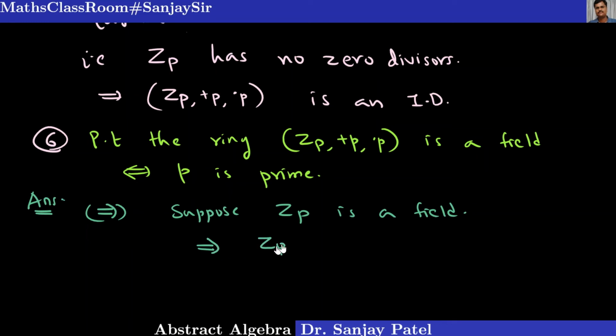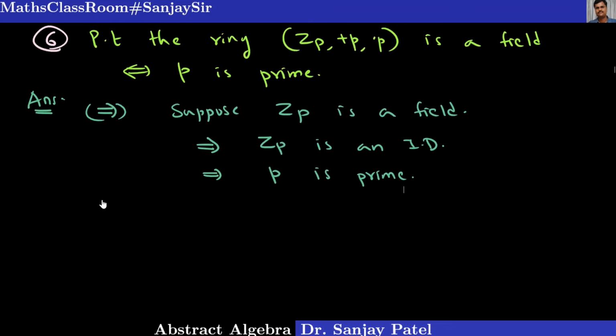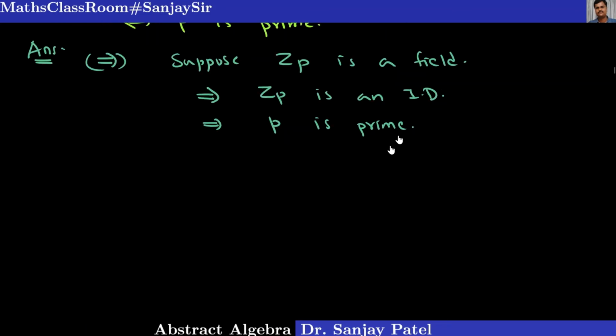So Zp is an integral domain also. And if Zp is an integral domain, then by the above example, p is prime. So one way it is obvious. Conversely, suppose p is a prime number.